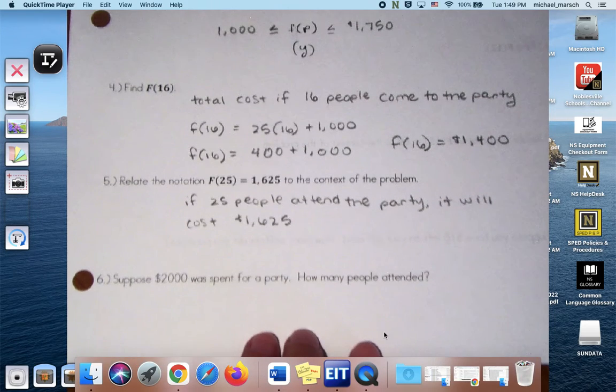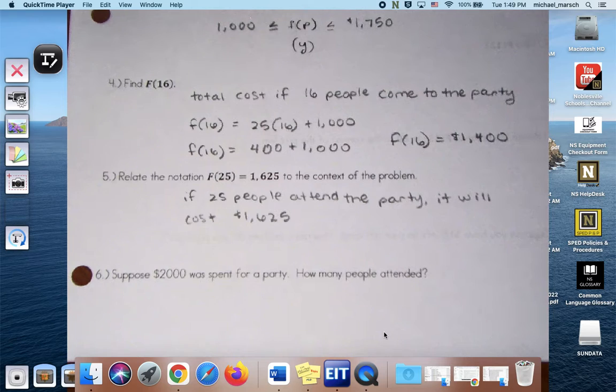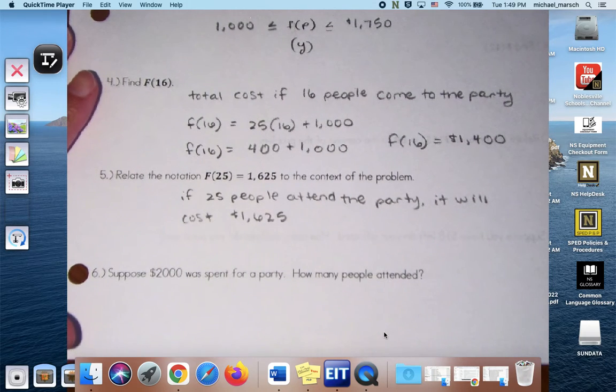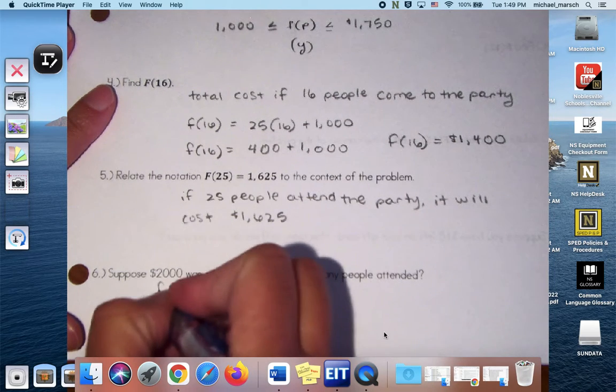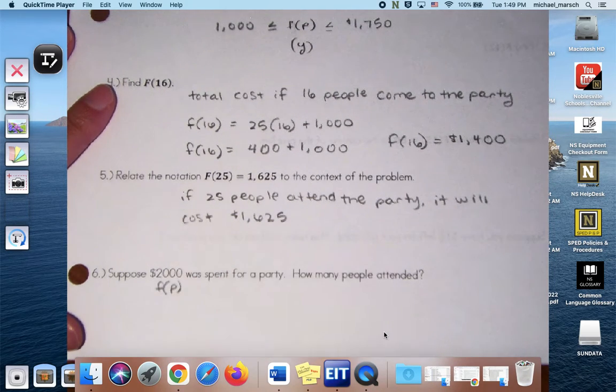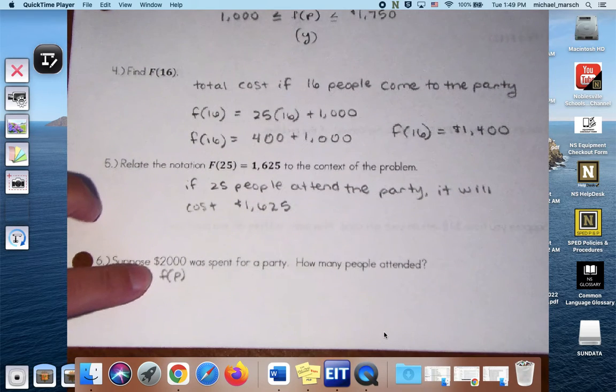All right, what if I spent $2,000? How many people attended? How can I figure that out? What kind of math thing am I going to have to do there? Eden? Take 1,000 and divide it by 25. Because you can't take 1,000 and 2,000 because you've already spent them for everything else. Right. So this 2,000 is actually my function. This is going to be my answer.